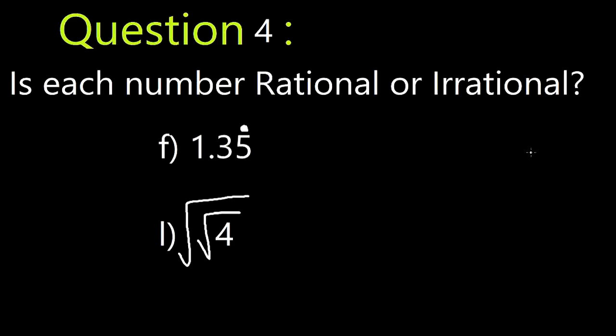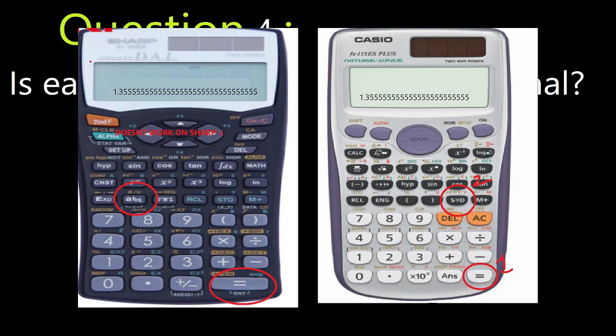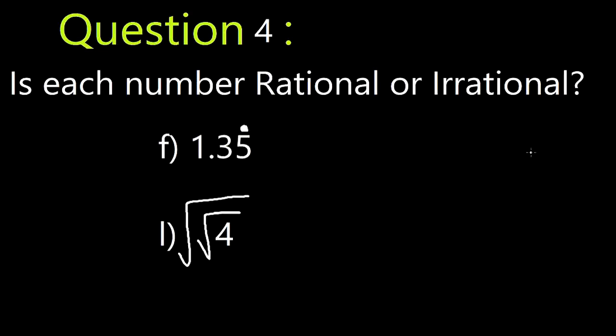Just to prove this, put 1.355555555 into your calculator, press equals, and then press your fraction button. If you've done enough 5s, you should be able to see that it can be represented as a fraction, and that fraction is 61 over 45. So therefore this can be represented in the shape of a fraction and is therefore a rational number.